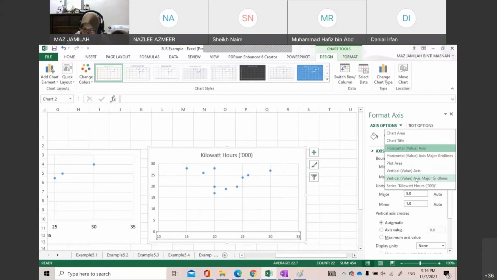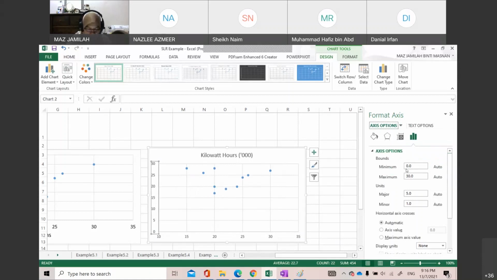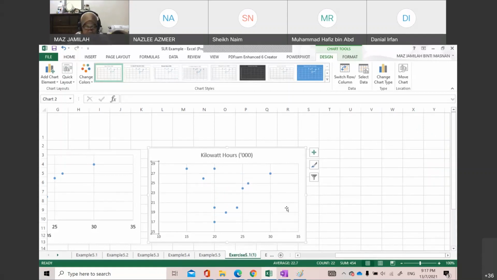I do not choose the major gridline, I just choose the axis, and then change the smallest value for your y. It is 17, so let's say I choose 15. And then the largest for y is 28, so let's say I choose 30. Then click here, then you have this.